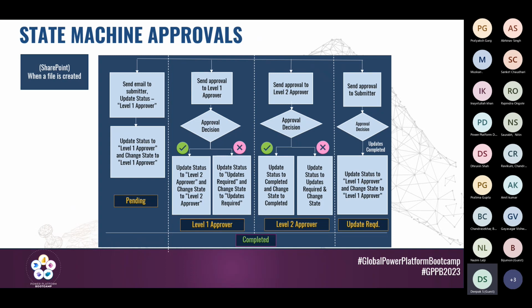Let's say you are creating an approval flow for a complex review and approval process. That means I, as a submitter, have created a request. The request first needs to be reviewed by level 1, and level 1 has the possibility to approve it, send it back to me for more work, or reject it.